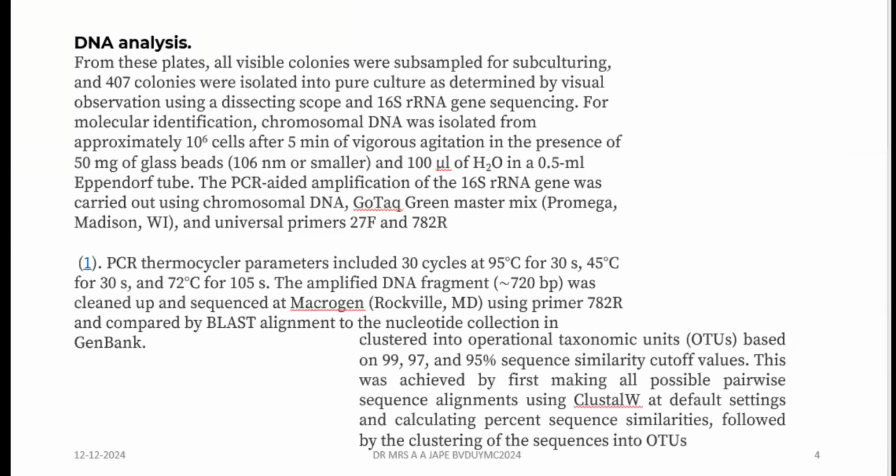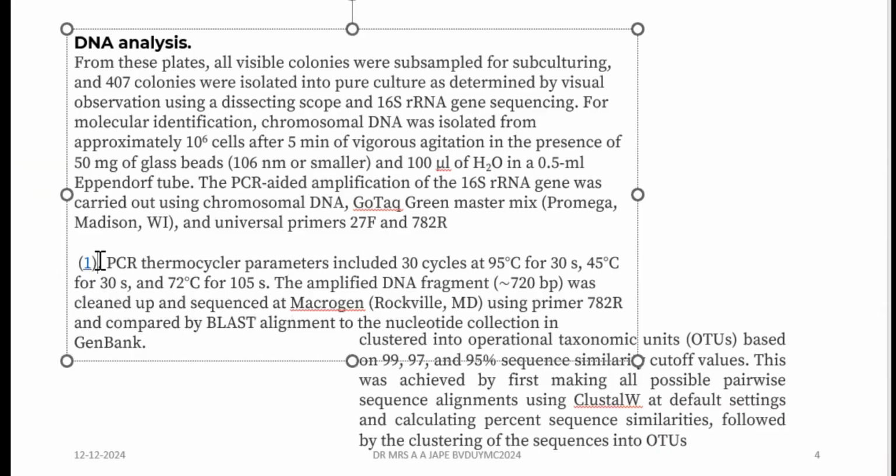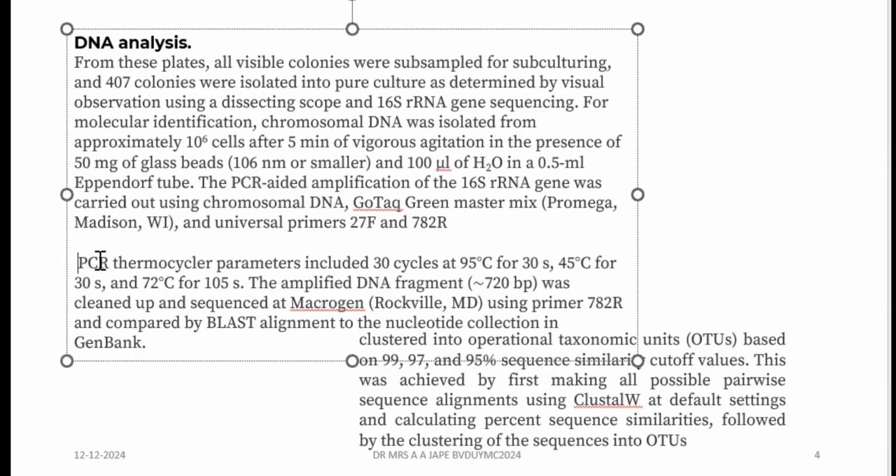For this, you of course take help of PCR based amplification of the 16S rRNA gene, and then you go for GoTaq green master mix, and different primers, forward primer and reverse primer, are used. Then you process your samples for amplification in the PCR thermocycler, which you run for a specified number of cycles, say 30 cycles for example, and then the amplified product of the DNA is what you are going to sequence.